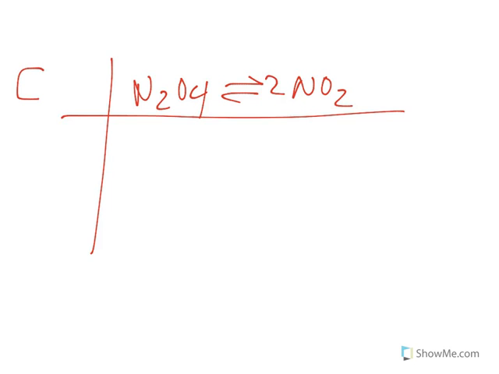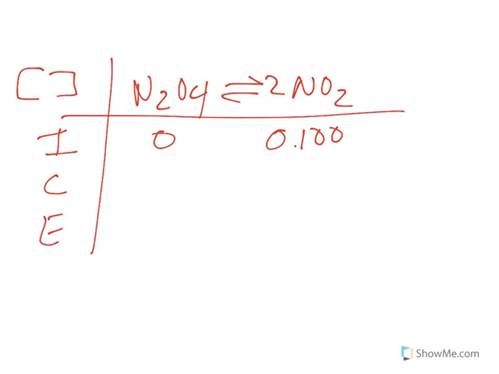All right, so let's set up the ICE table. N2O4 going to NO2. Initially we had none of this guy, and we had 0.1 molar of that guy.